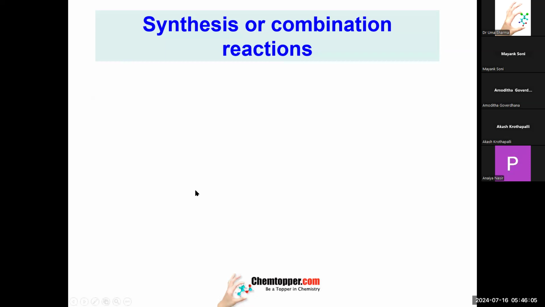Synthesis or combination. The condition for a synthesis reaction is you should get only one product. There should not be more than one product. Only then can you call that reaction a synthesis reaction, because we don't want multiple products.